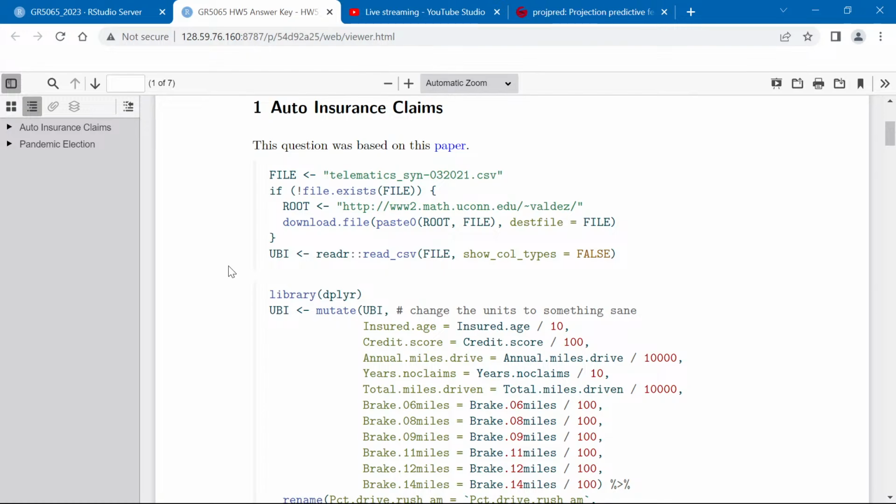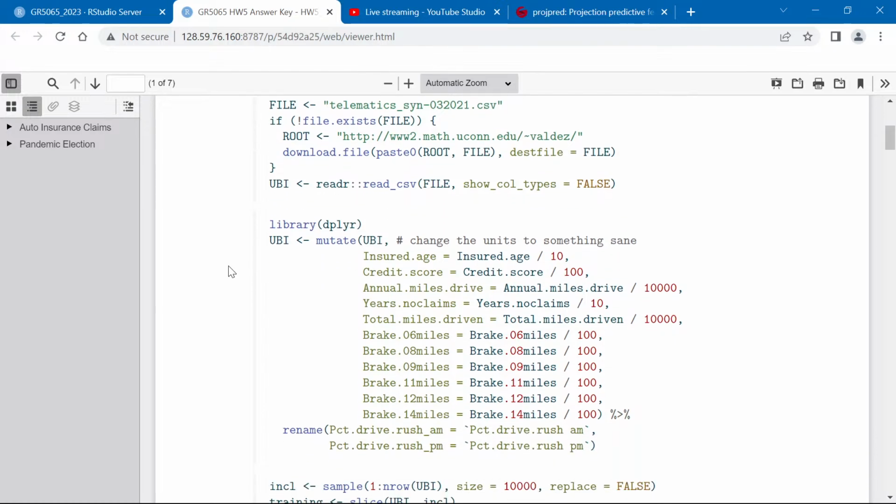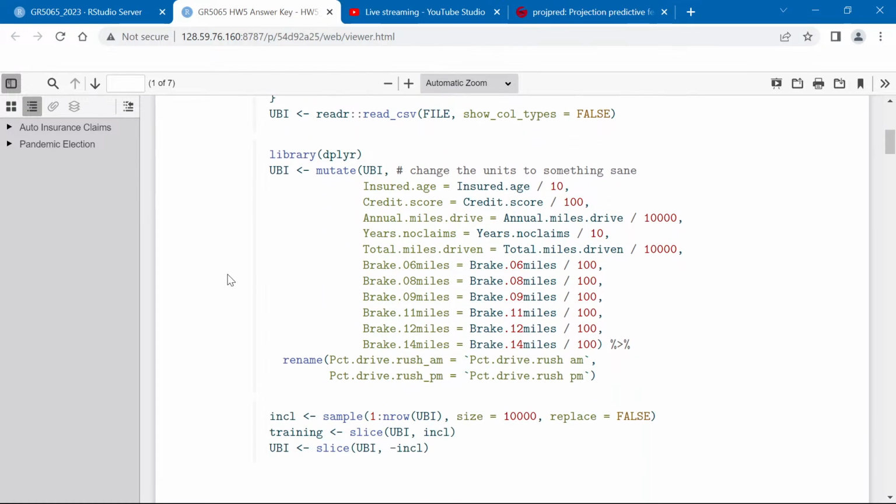This data set pertains to these apps that you download, and then they collect a lot of data about how well the insured people drive, and then they charge premiums based on that information. So they had an actual data set and they were able to do a lot of supervised learning-ish stuff to construct a data set that ostensibly had the same structure.